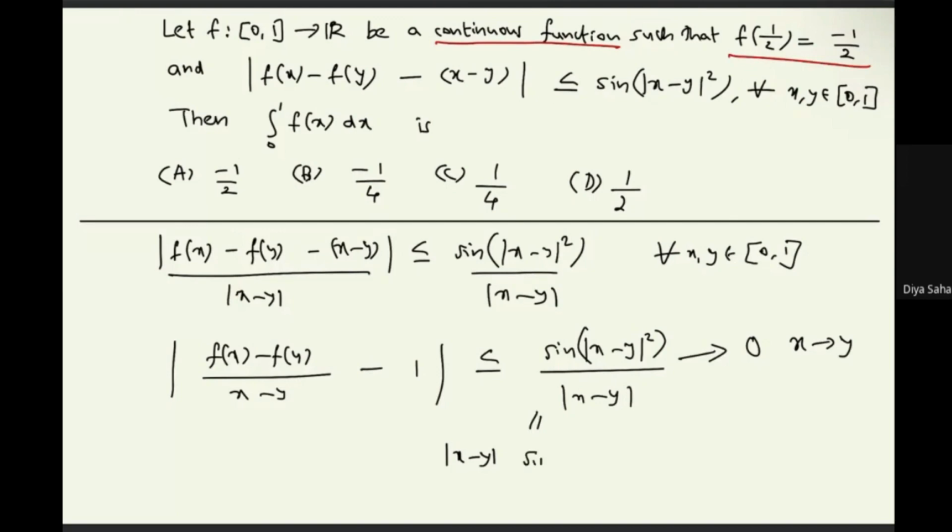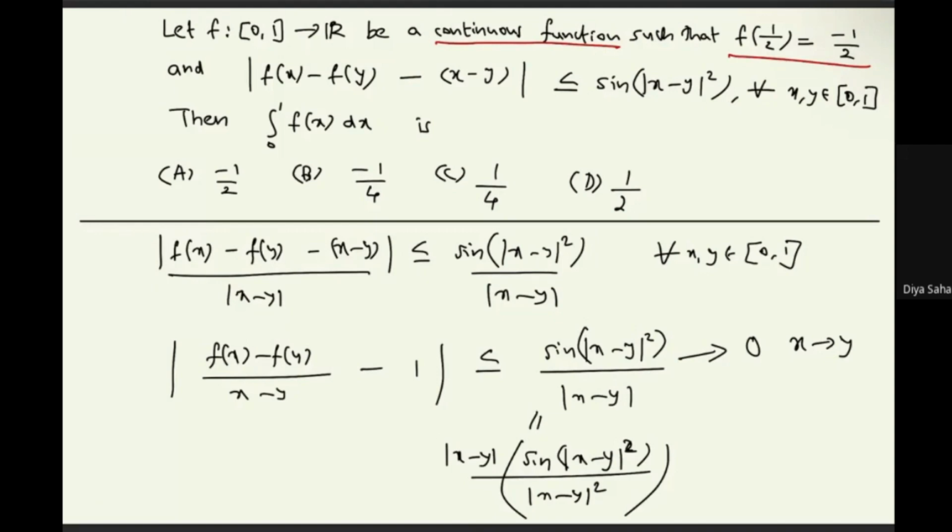So I got your idea. This is what you are saying. There are two terms, and you multiplied numerator and denominator by mod x minus y. If someone doesn't understand this, they will be wondering why we multiplied it. There should be a reason.